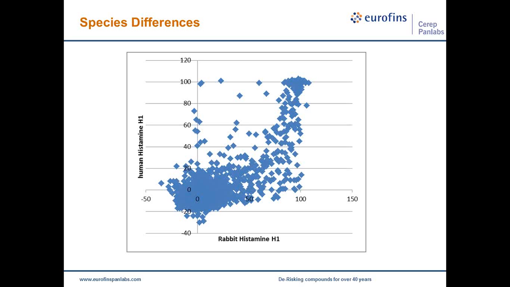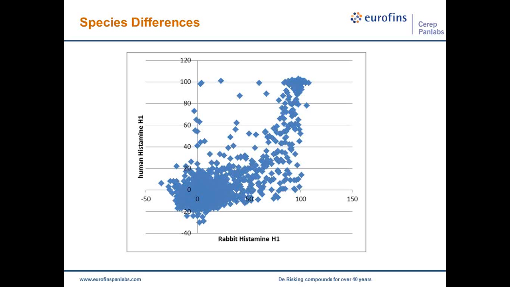Another thing that people have to account for is species differences. In this case, I'm showing you two different versions of the histamine H1 G protein-coupled receptor binding assay. Here we're looking at a plot of a rabbit version of the histamine H1 and the human version, and we're looking at percent inhibition.